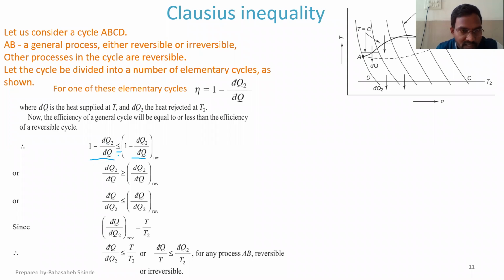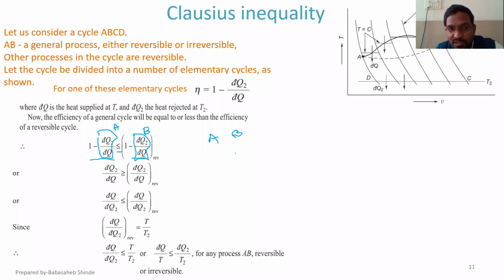Now look at this mathematical statement. If I consider this term as A and this term as B, if I compare A and B, which one will be larger and which one will be smaller?